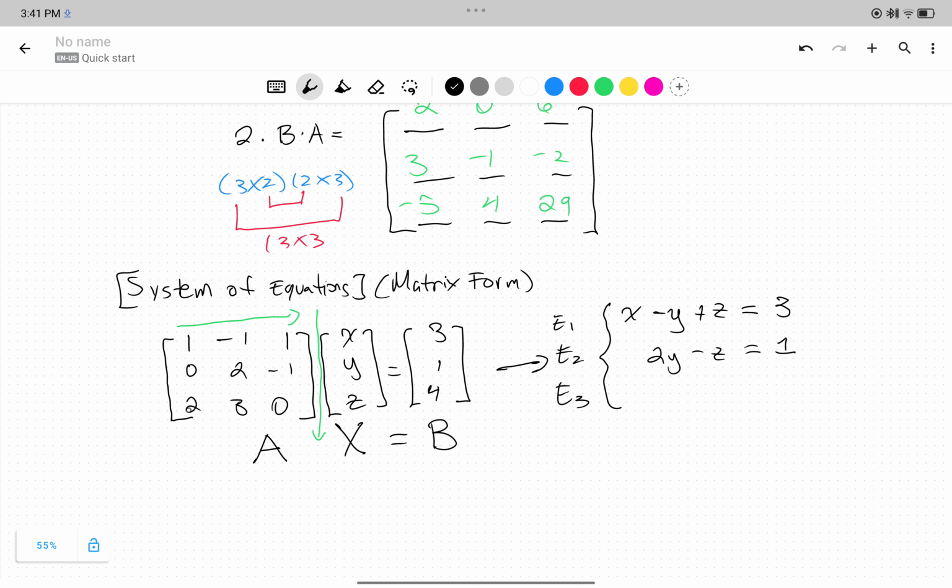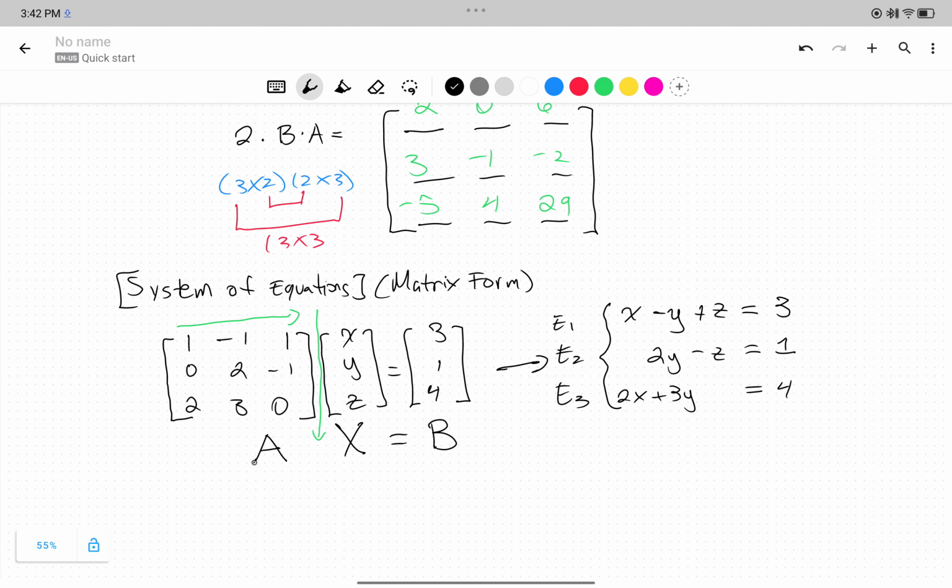And then the last one. 2 goes with x, 2x. 3 goes with y, 3y. 0 goes with z, equals 4. So now you know how to go back and forth, writing it in matrix form.